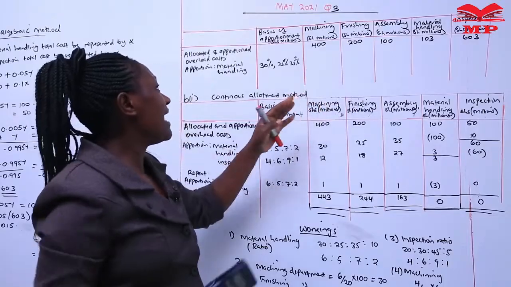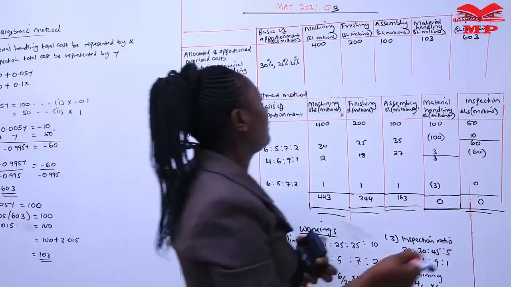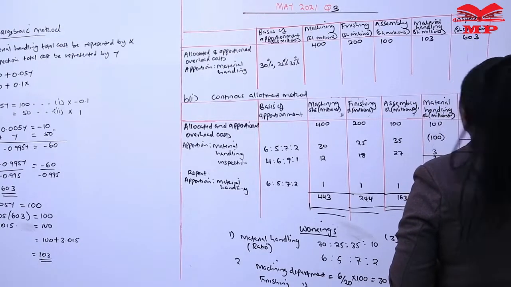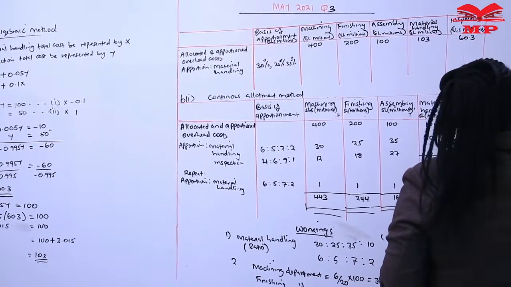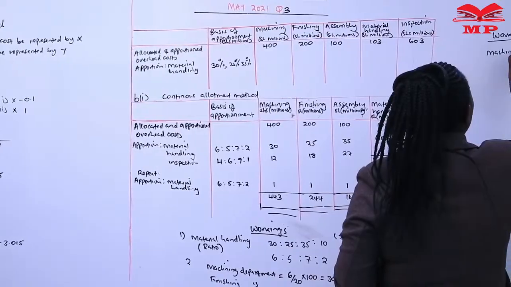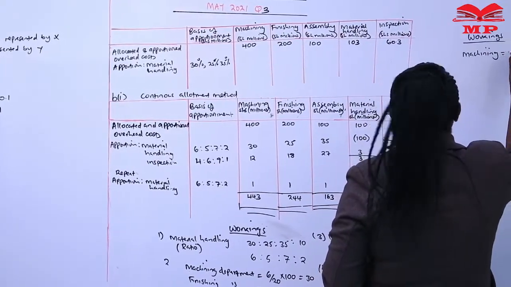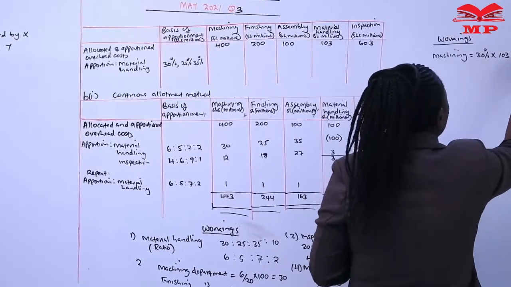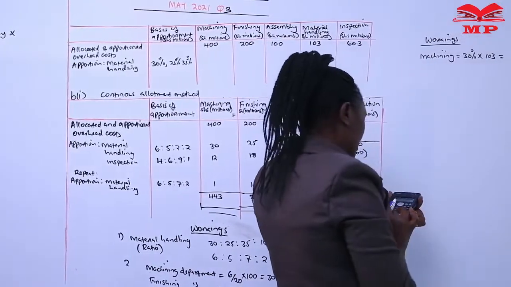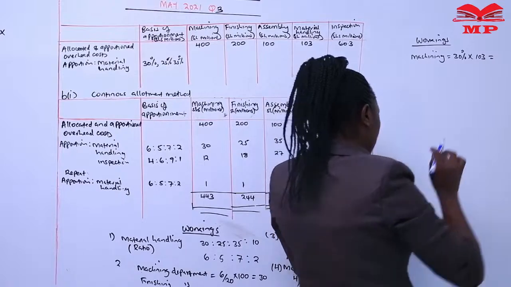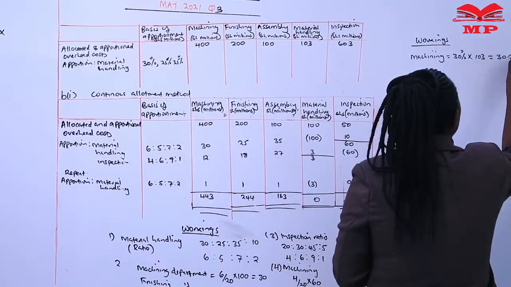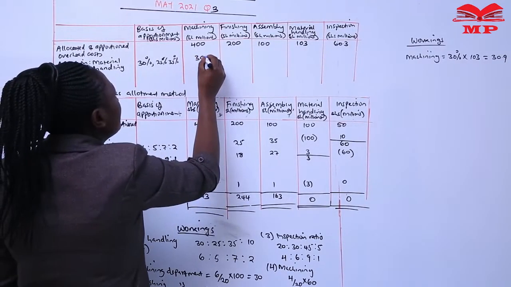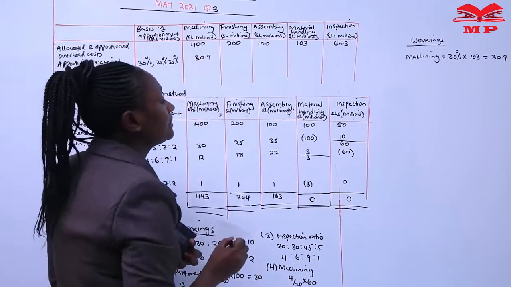So we calculate, and we can have the workings. For machining, we are simply taking 30% times 103, which gives 30.9. And 30.9 is what is to be apportioned to machining.